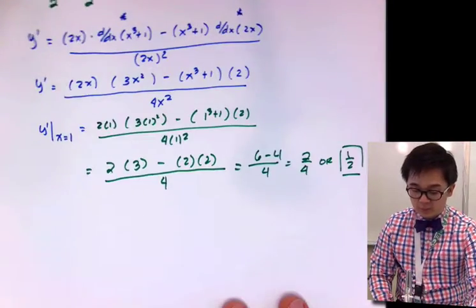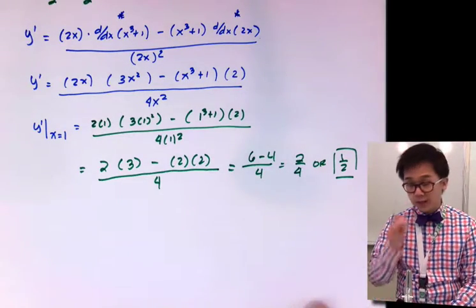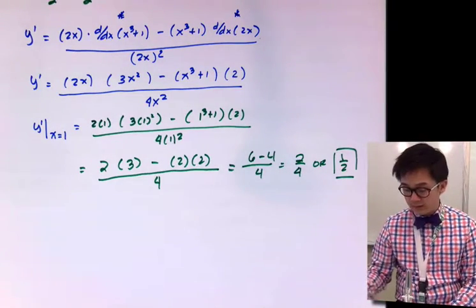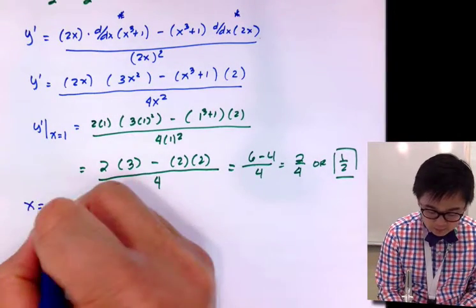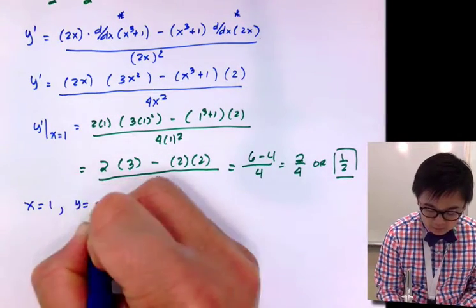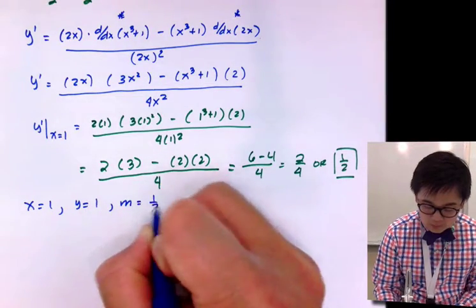So just like what we did before, we're going to find the equation of the tangent line and the normal line. So we know that x is equal to 1. We also know that y is equal to 1. And we also know that m is equal to 1/2.